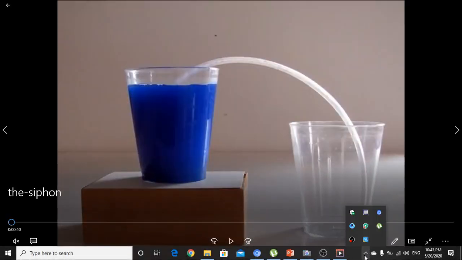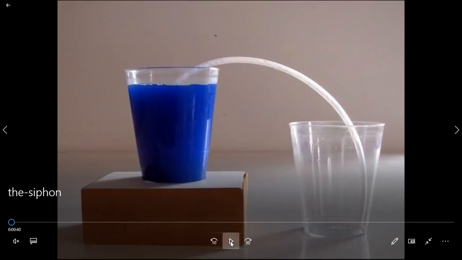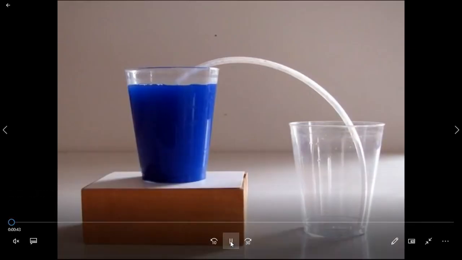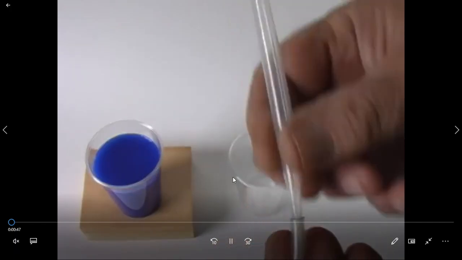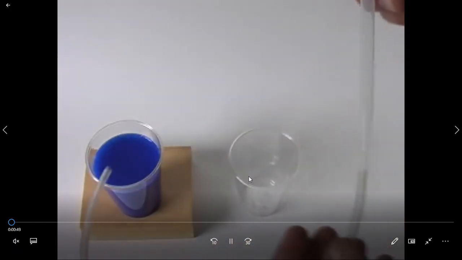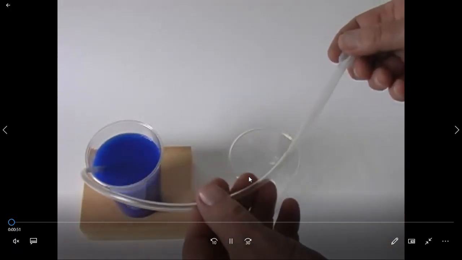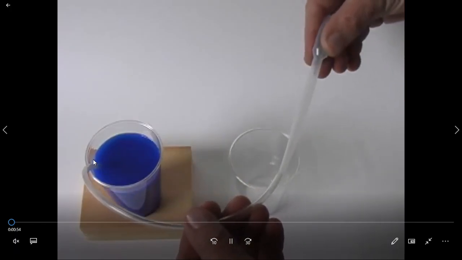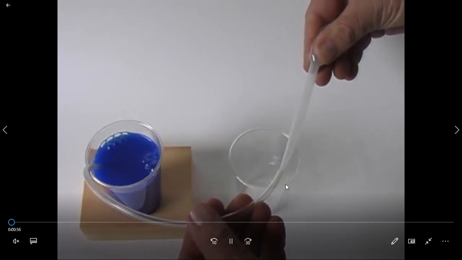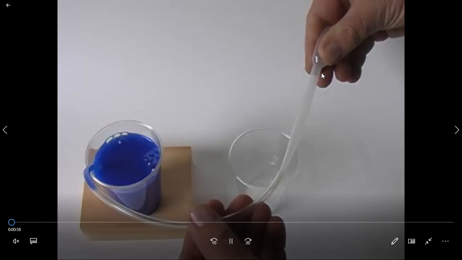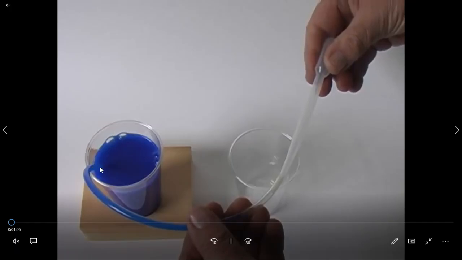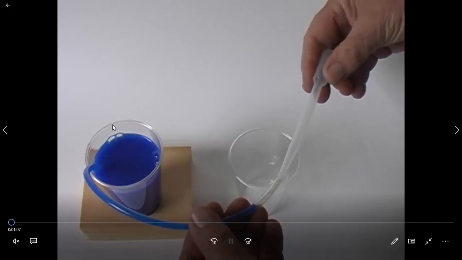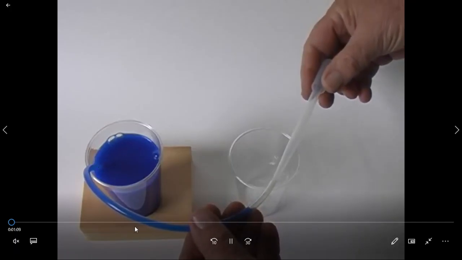Okay, as you can see here, there is a container which is full of water, and there is a container which is empty. What they have done is insert a tube here and push air through it, so that the air present in the tube is removed from the tube.